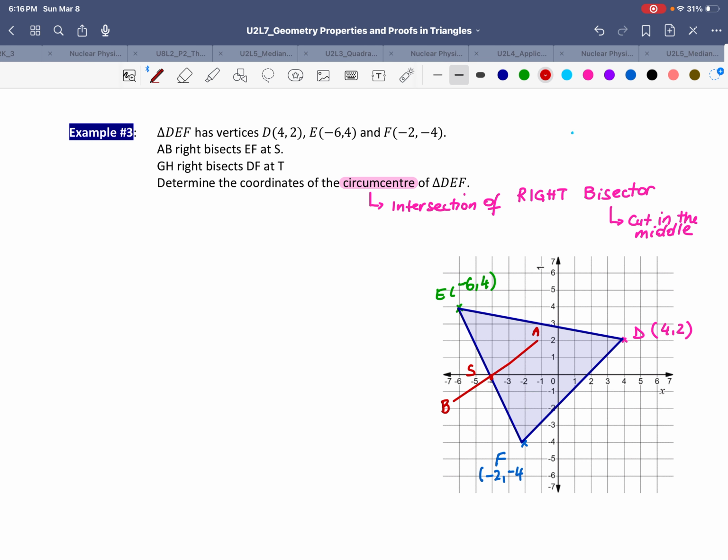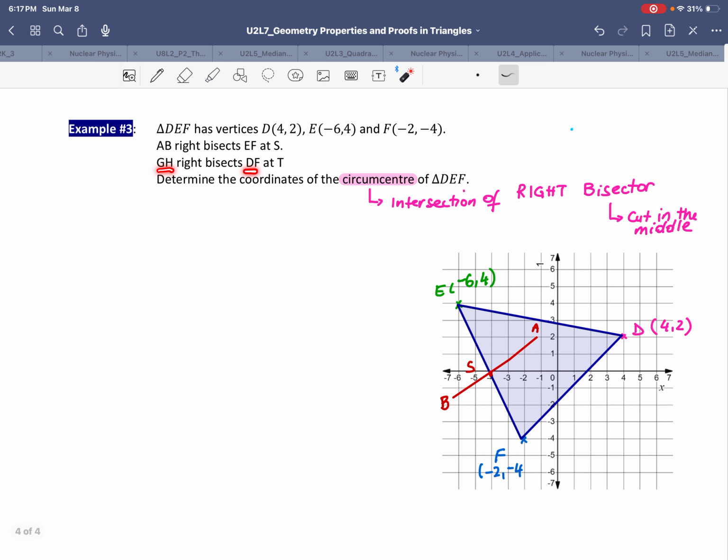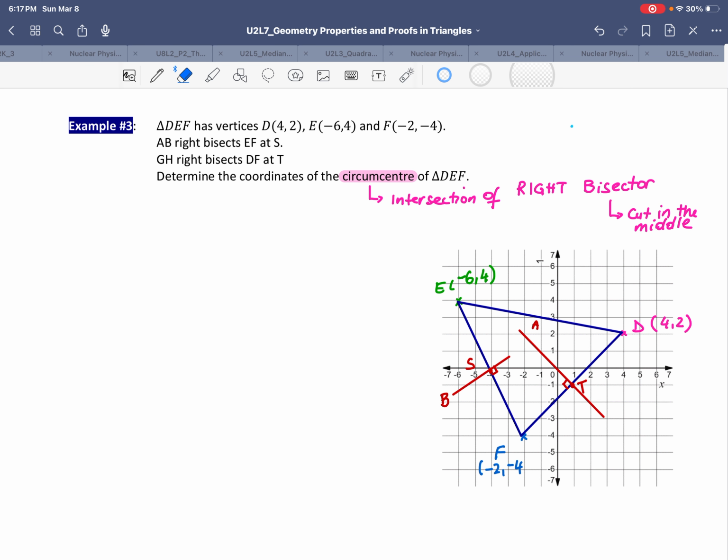It doesn't really matter how long a segment we draw, as long as we label it correctly here, A to B. So next, we are going to draw the right bisector GH, which right bisects DF. Okay, so here is DF. Say this is the middle of DF, and the middle is marked as point T. Now at point T, we're drawing a perpendicular to it, and as you can see, this is 90 degrees, this is also 90 degrees.